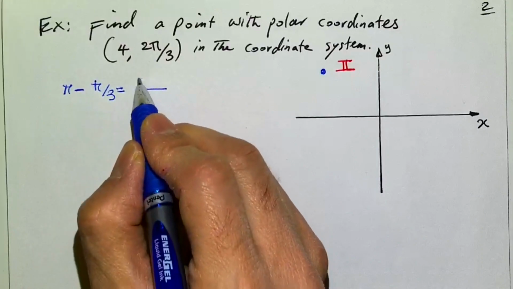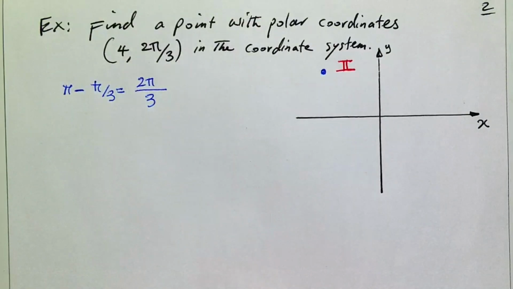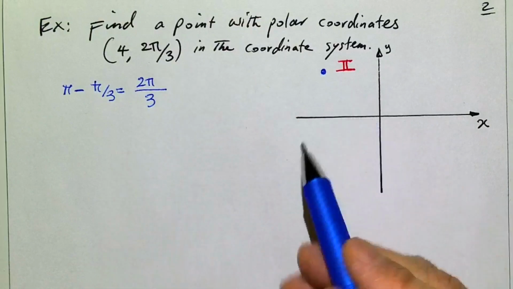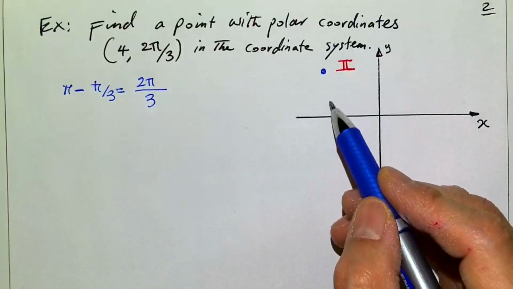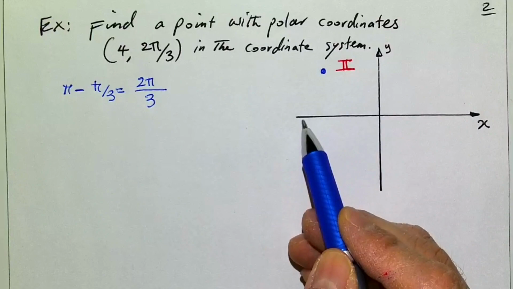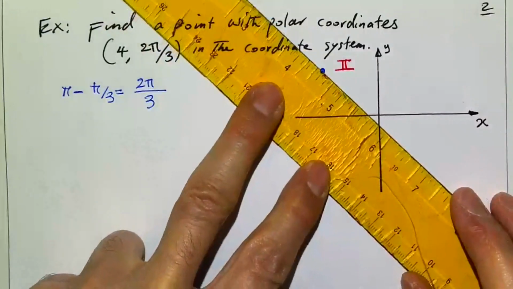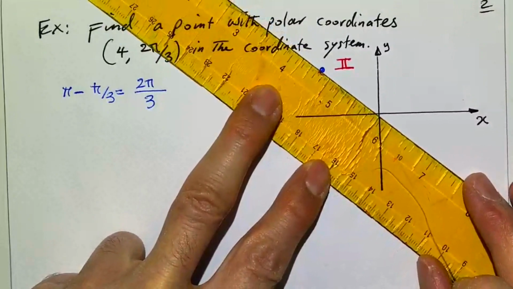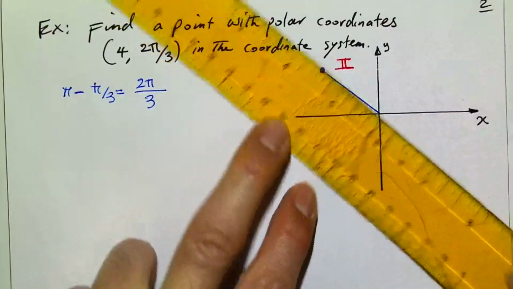When you take the common denominator, we get 2 pi over 3. So the difference is we are pi over 3, or 60 degrees, short of getting to the negative side of the x-axis. This would be the terminal side of the angle from the positive side of the x-axis.